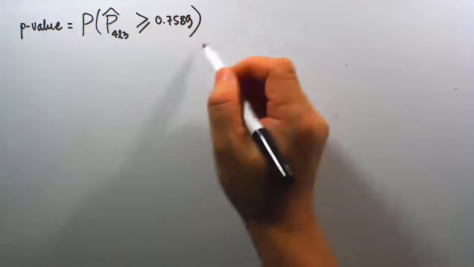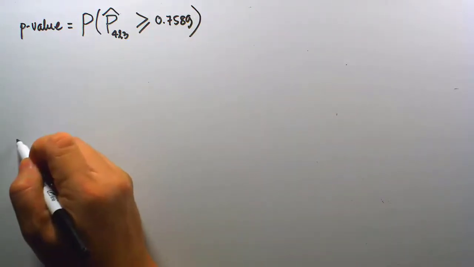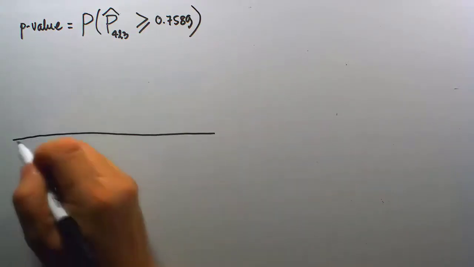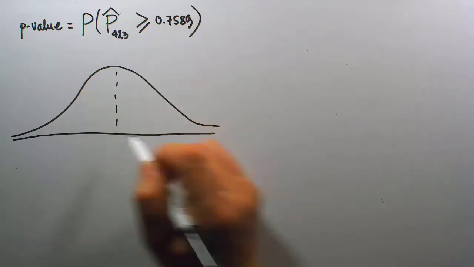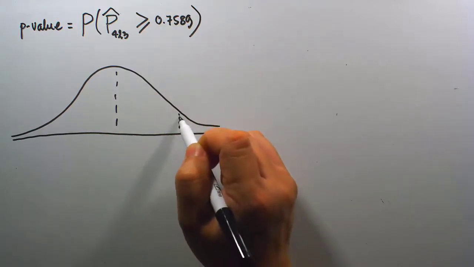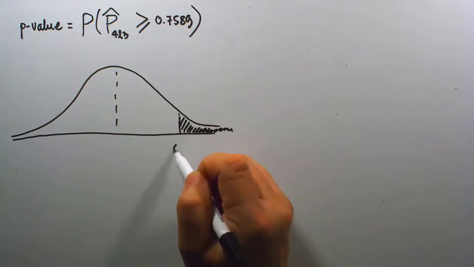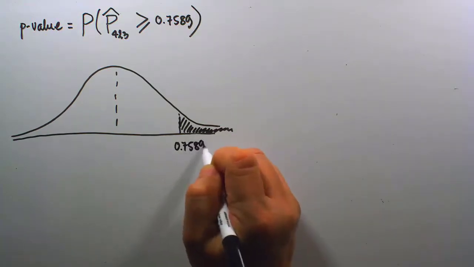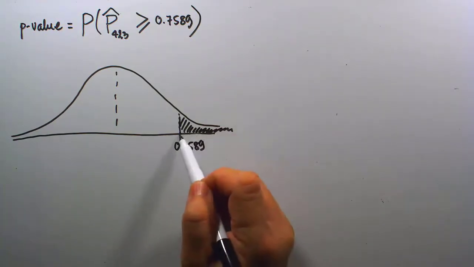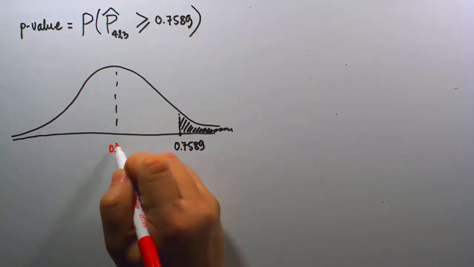Graphically speaking, this calculation setup of our p-value is represented by an area shaded to the right-hand side of our sample proportion value, 0.7589, on this bell curve, where we have the center being 0.72.